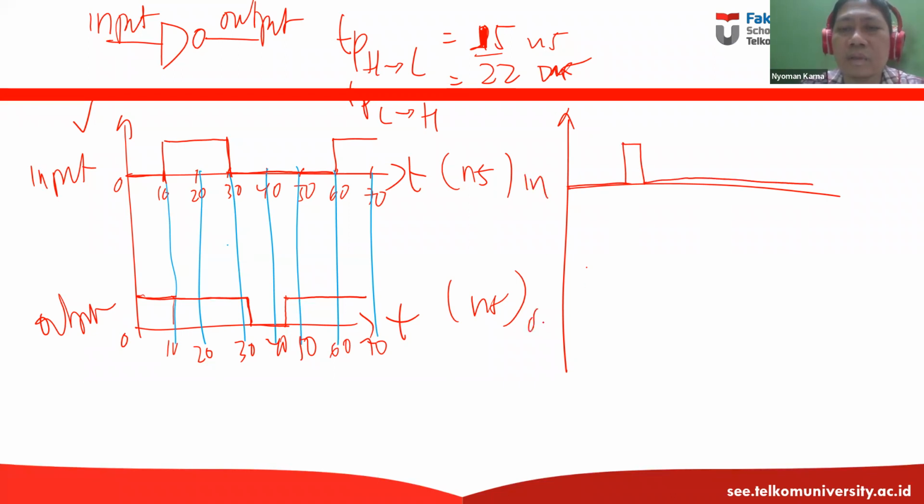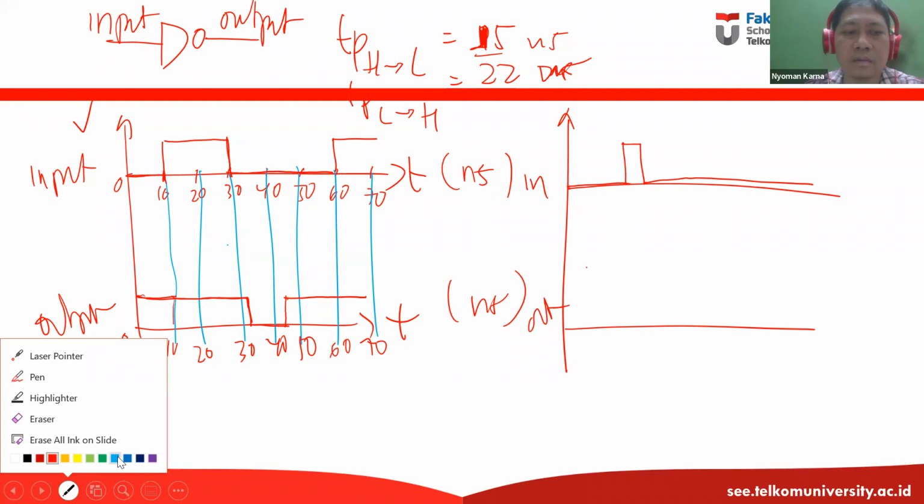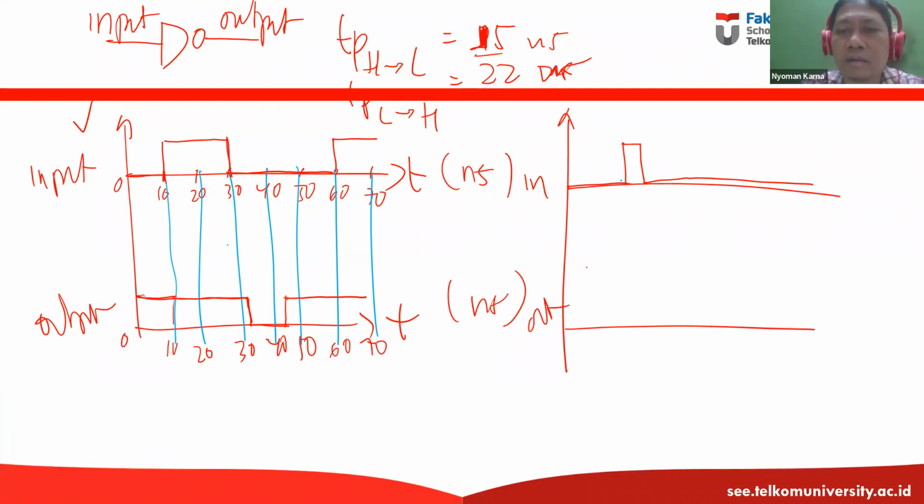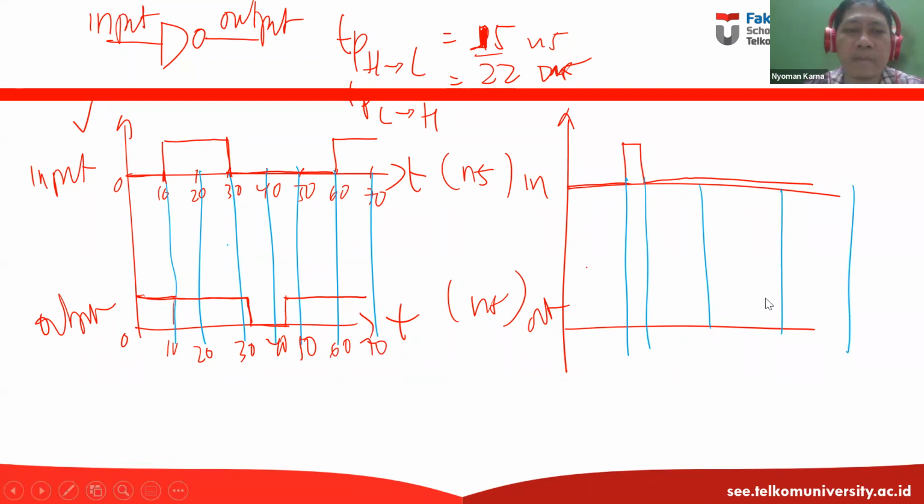This is the input and this is the output. This is 10, this is 20, this is 30, and this is 40. And let's say this one is 12. So only 2 nanosecond for the pulse width of the input.